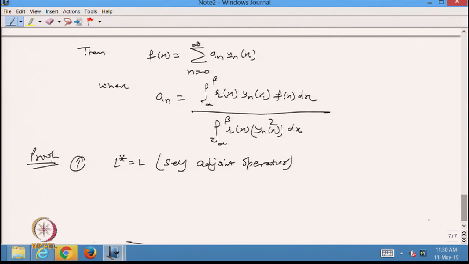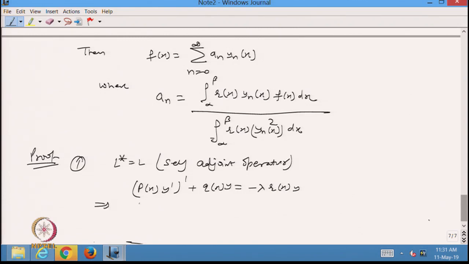Because it is regular, and if the regularity holds, then it is a self-adjoint operator. In this case my P(x) y'' plus Q(x) y is equal to minus lambda R(x) y. If I take the derivative, this will be equal to P(x) y'' plus P'(x) y' plus Q(x) y is equal to minus lambda R(x) y.